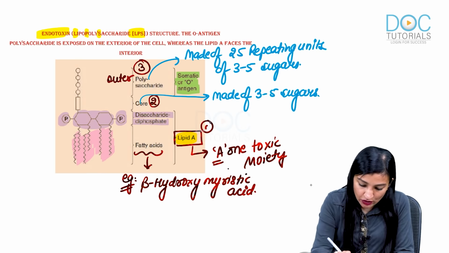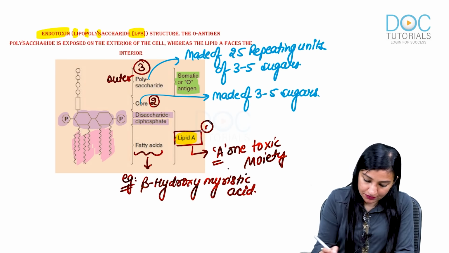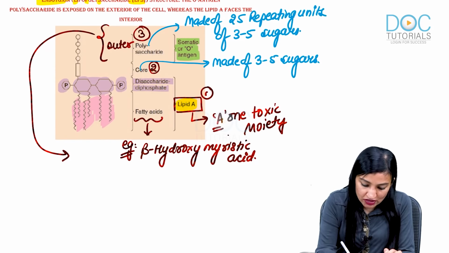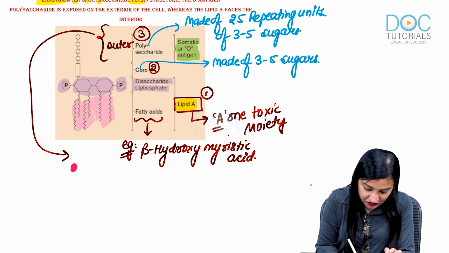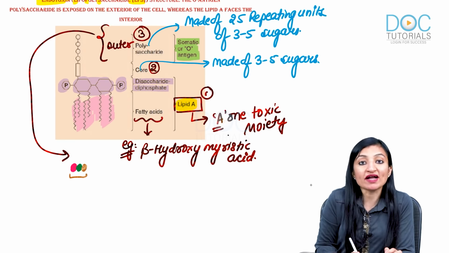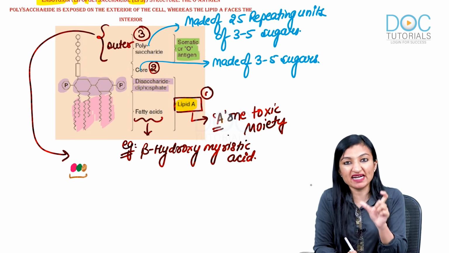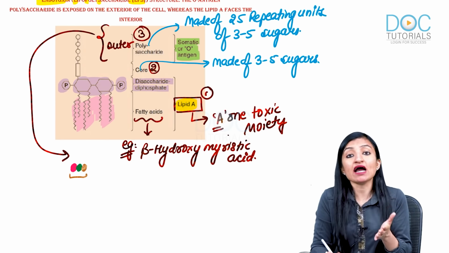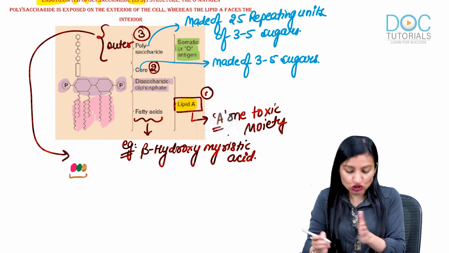Okay, now imagine if we talk about the outer polysaccharide, the 3 sugars, if I represent them in 3 different colors, one is pink, then we have a green sugar, and we have a golden sugar. So this is 1 unit. Say this is 1 unit made up of 3 sugars, and there could be 20 up to 25 repeating such units.